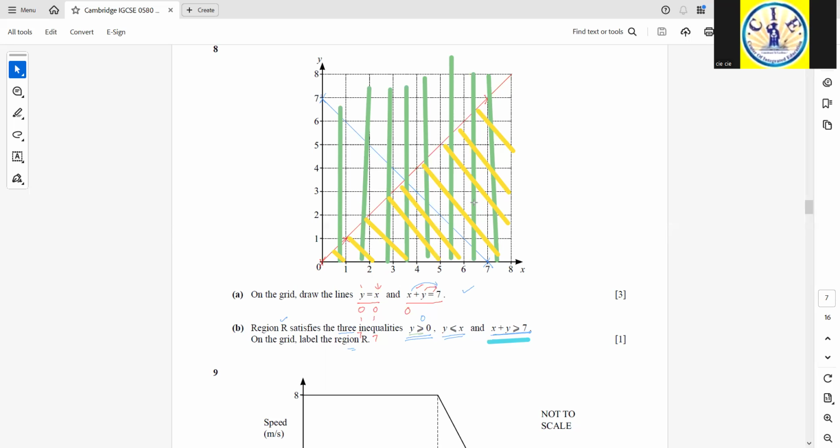So that has to be above this line, in this region. So the region that contains all the three colors of these lines represents the region R.